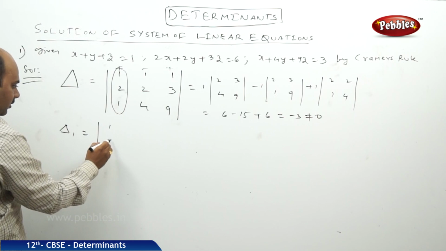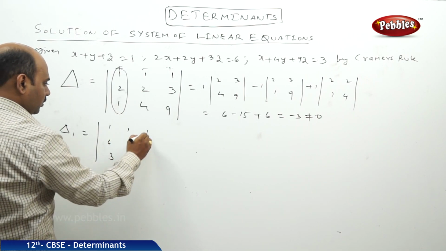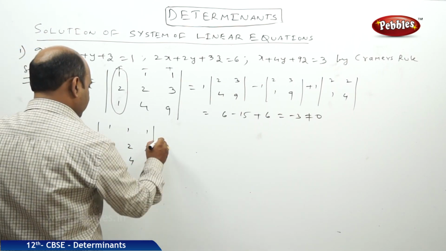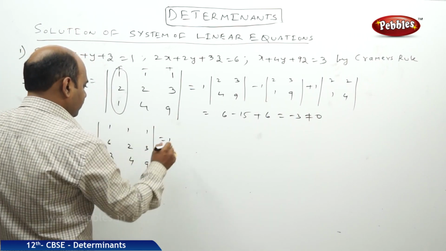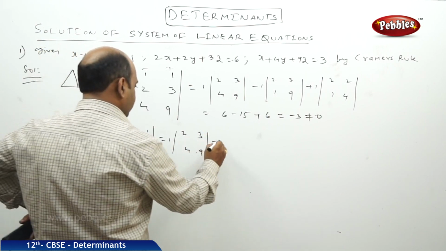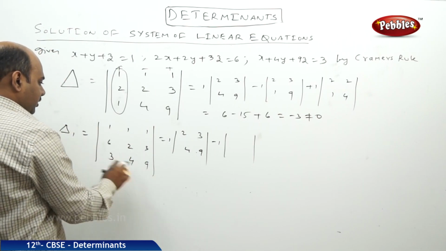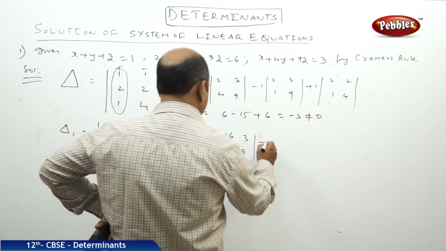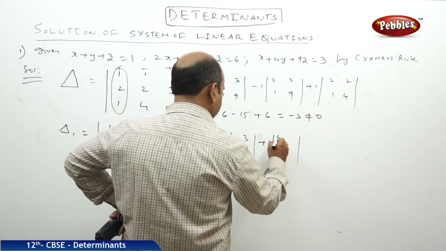So the matrix is 1, 6, 3, 1, 2, 4, 1, 3, 9, and I need to find its determinant. 1 into its minor 2, 3, 4, 9, minus 1 into its minor 6, 3, 3, 9, plus 1 into its minor 6, 2, 3, 4.